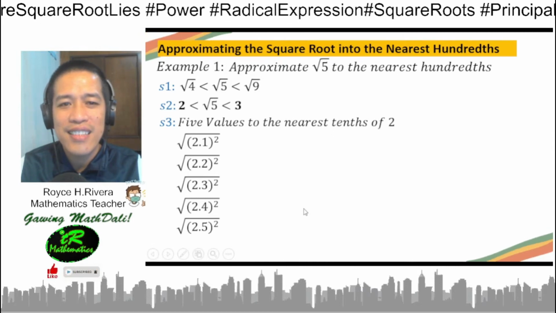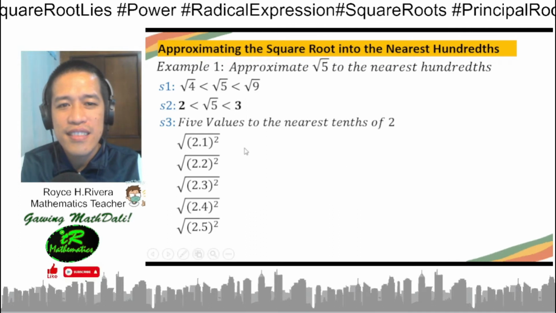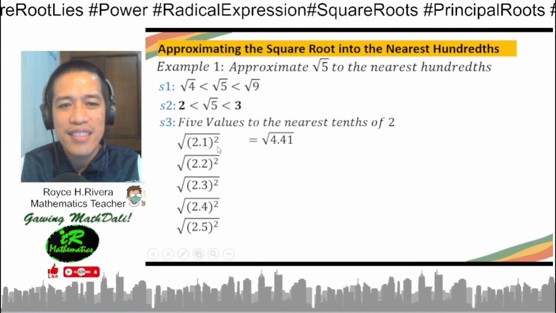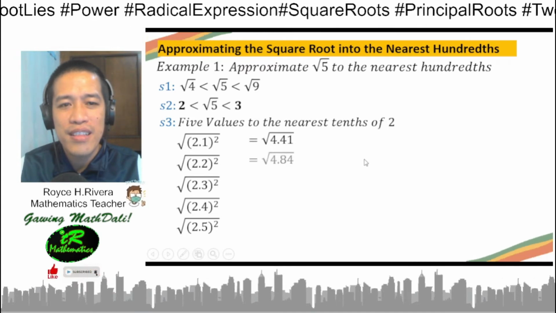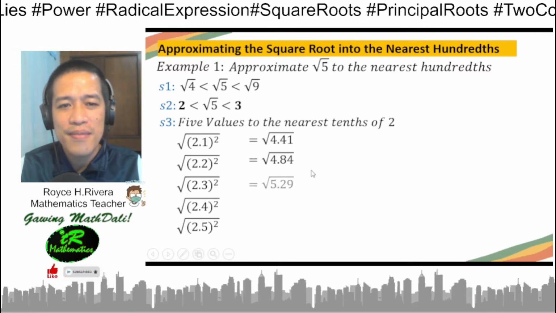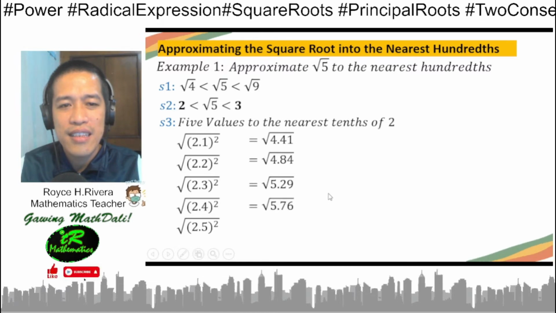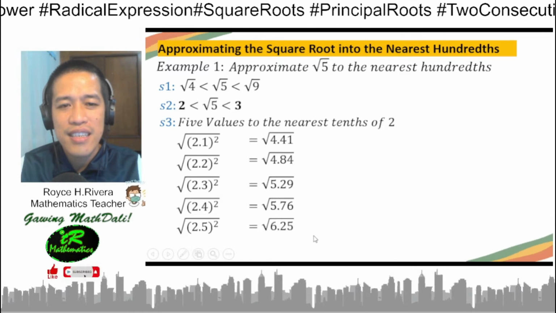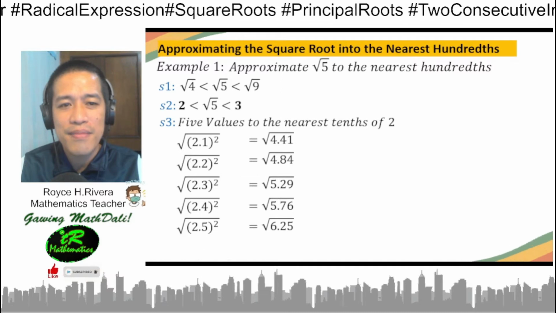So let us evaluate each. 2.1 square is equal to the square root of 4.41, the square root of 4.84, square root of 5.29, square root of 5.76, and the square root of 6.25.